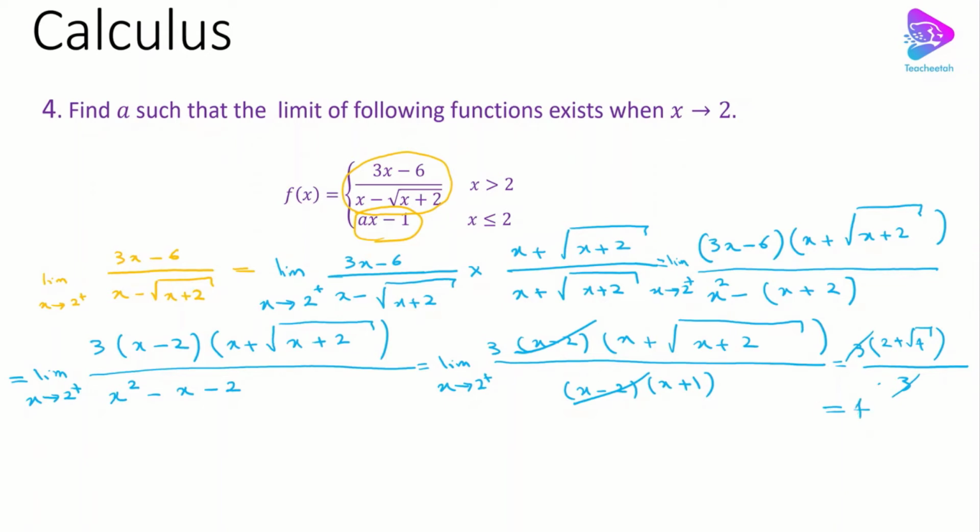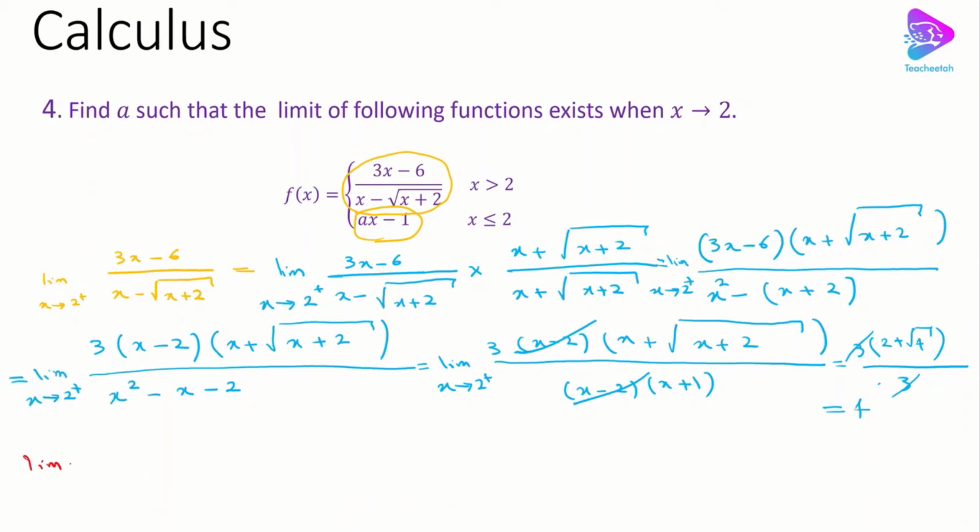When x is approaching 2 from the right side, the answer is 4, which means that when x is approaching from the left side, the answer should be the same. Therefore, let me write with another color, I'm going to use red.